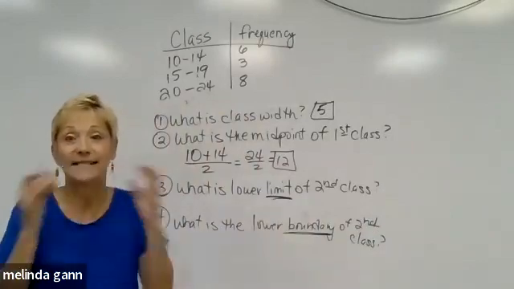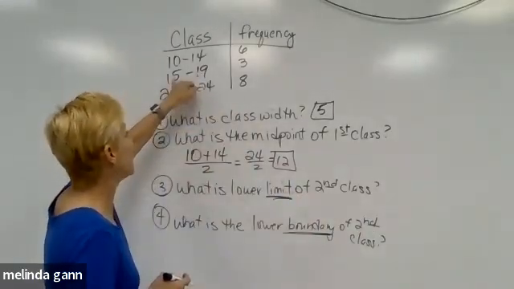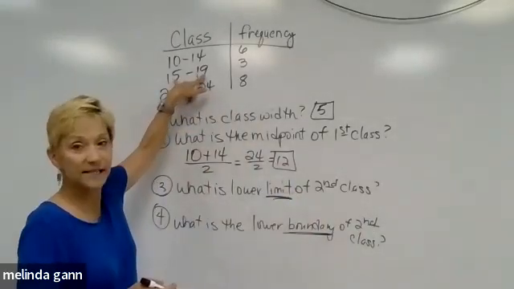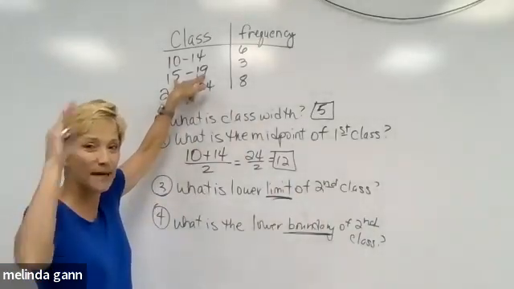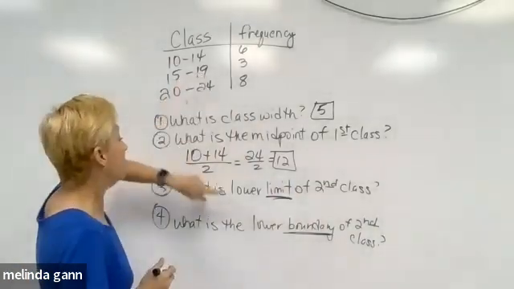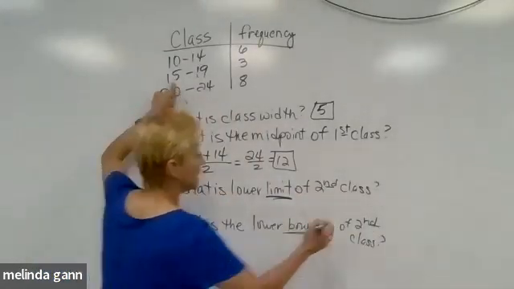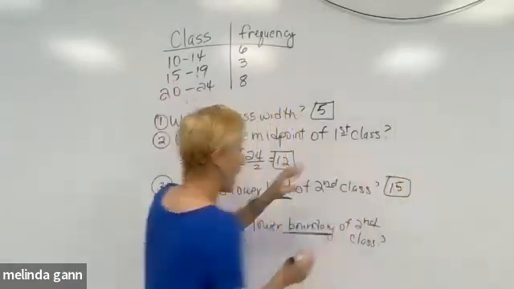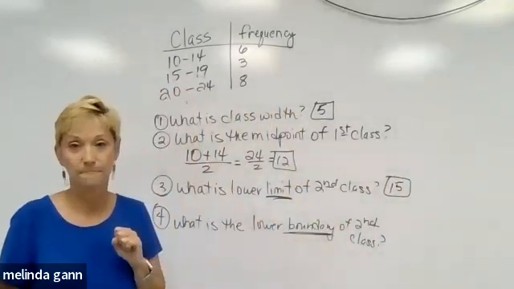Limits are the numbers that are just sitting there, okay? So my second class is either 15 or 14. Well, lower means smaller. It doesn't mean left, it means smaller, because the table could go from big down to small. So the answer to number 3, what's the lower limit of the second class, is just 15. So limits are just there for you to grab them. The upper limit would be 19, okay?